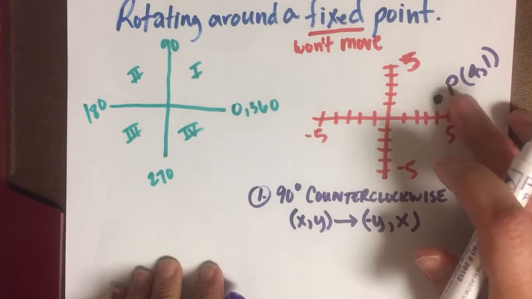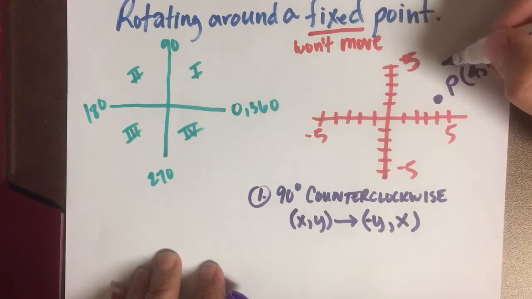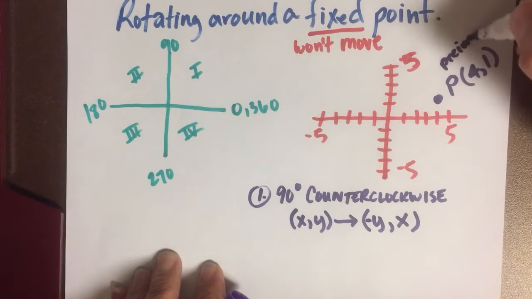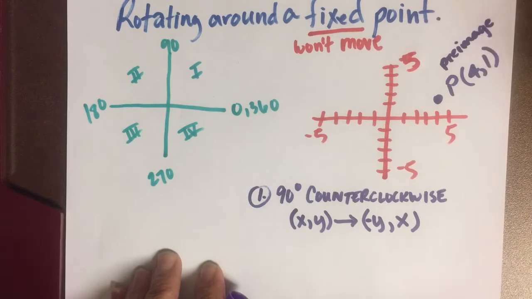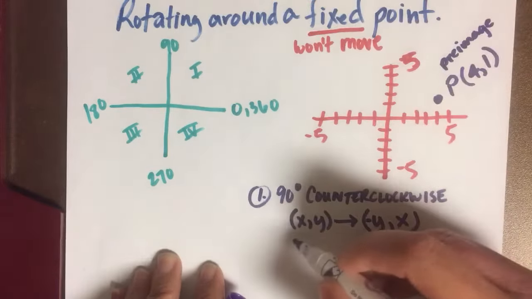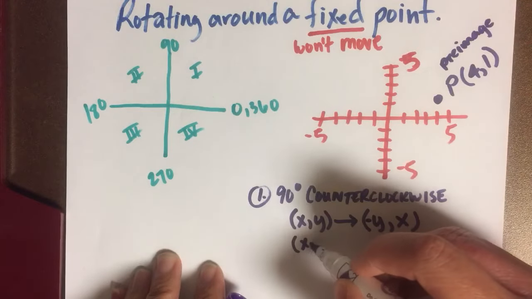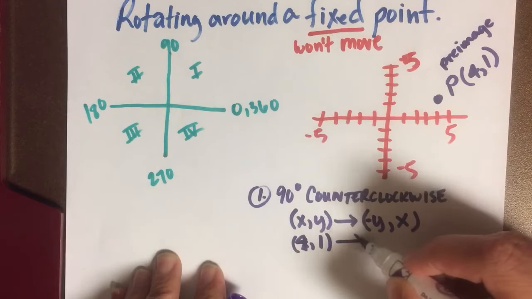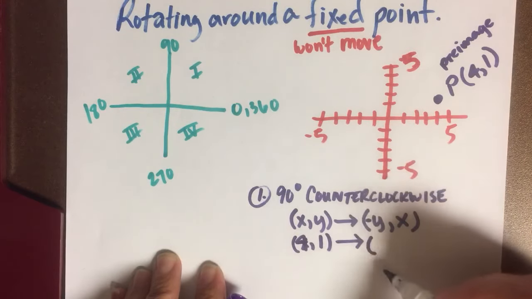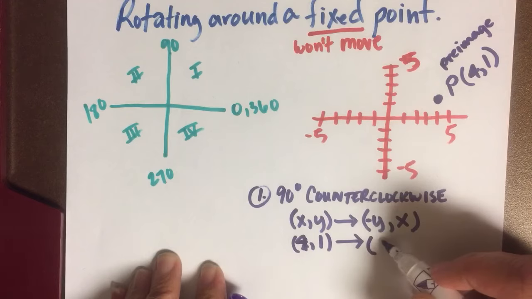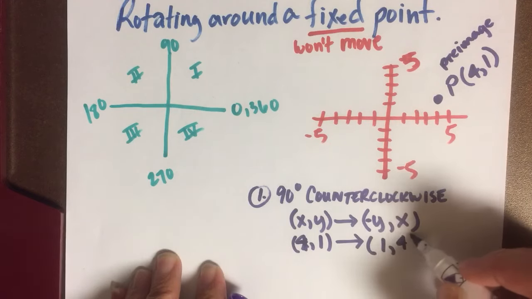So my original point, my pre-image, this is always called your pre-image. Your pre-image is where you start. The image is where you finish. So I'm going to start at X, Y, which is 4, 1. And following the format, I'm going to flip them. So now the 1 is first and the 4 is second.